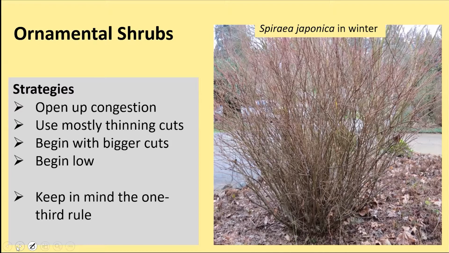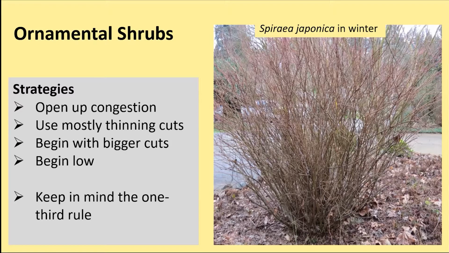And remember, there is a rule of 1/3 pruning budget, which is there for us to not remove too much and damage the plant. So after you remove those oldest branches, you may do a little bit more of cosmetic cuts.